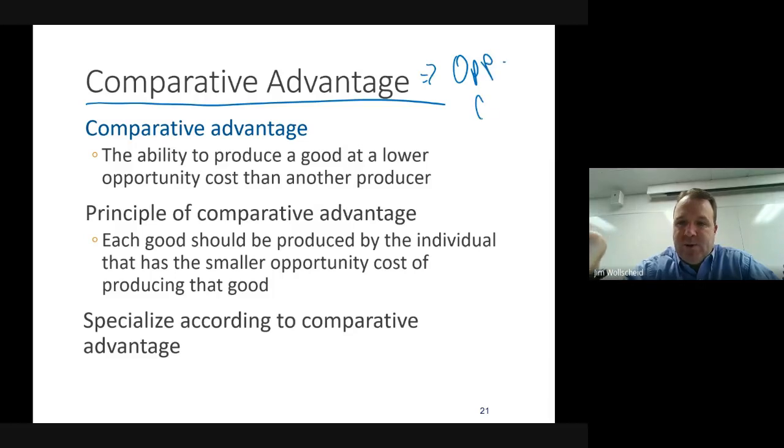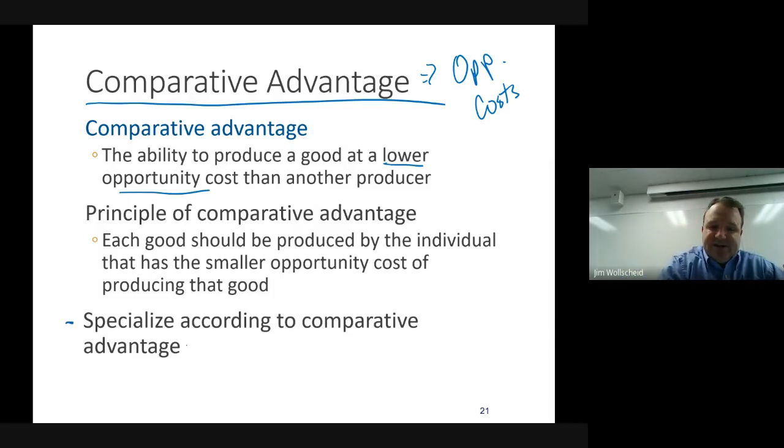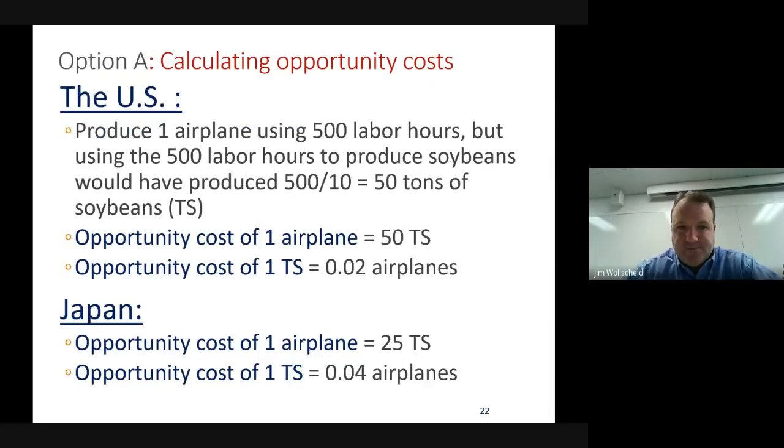So when we talk about what we have the comparative advantage in, we're going to look at opportunity cost. In fact, the definition is the ability to produce a good at a lower opportunity cost than another producer. And based on our comparative advantage, that tells us what we will specialize in. So I specialize in what I have the lowest opportunity cost. So let's calculate an opportunity cost then.